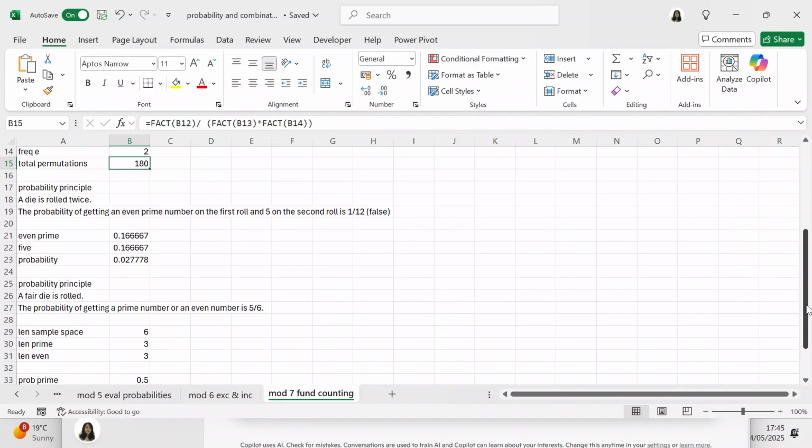The next question we have is on the probability principle. A dice is rolled twice. The probability of getting an even prime number on the first roll and a 5 on the second roll is 1/12. And that's a false statement. So the probability of getting an even prime number is going to be 1 divided by 6.